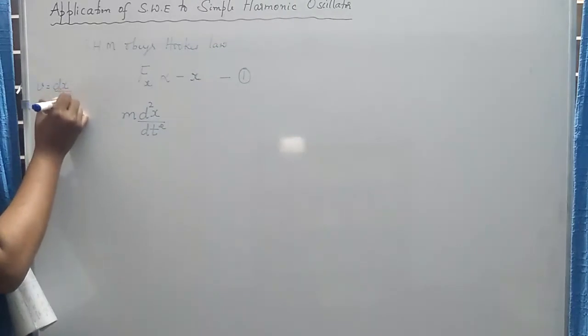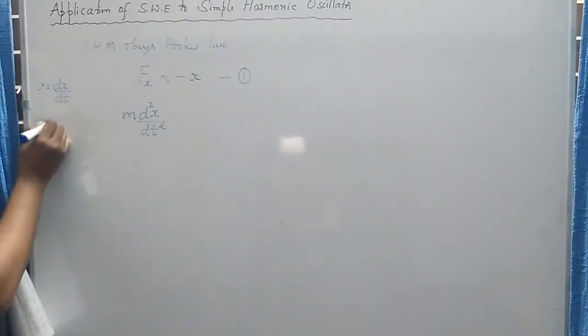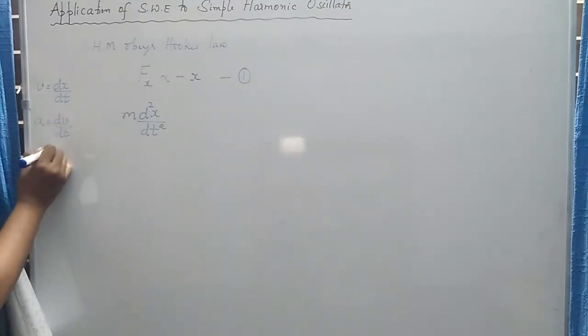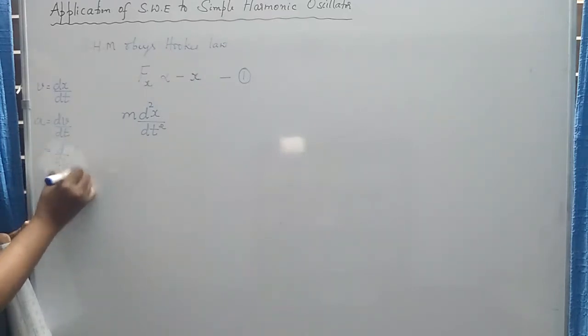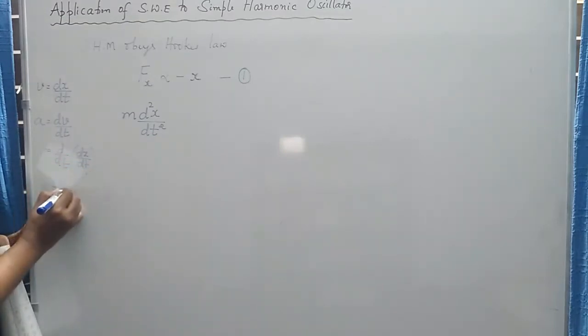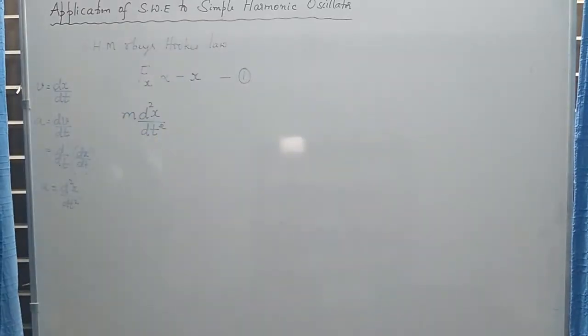Rate of change of displacement with respect to time is called velocity. Acceleration is the rate of change of velocity with respect to time, that is d by dt of dx by dt. So acceleration is d square x by dt square.